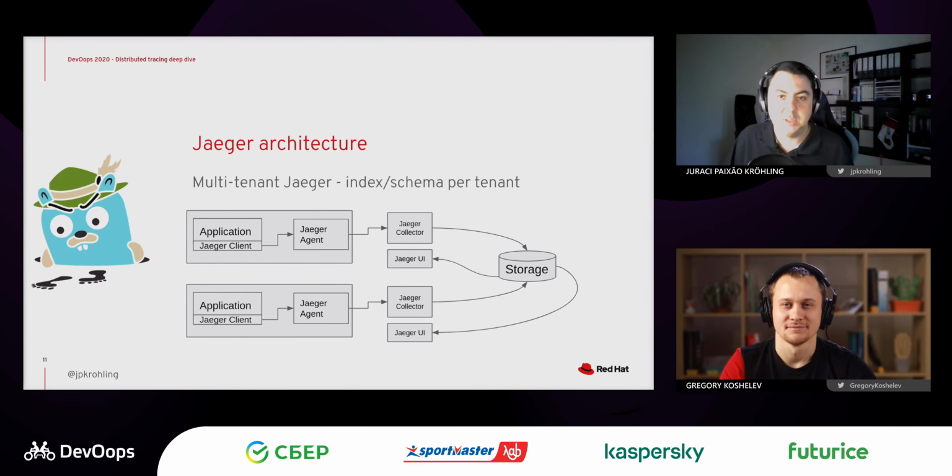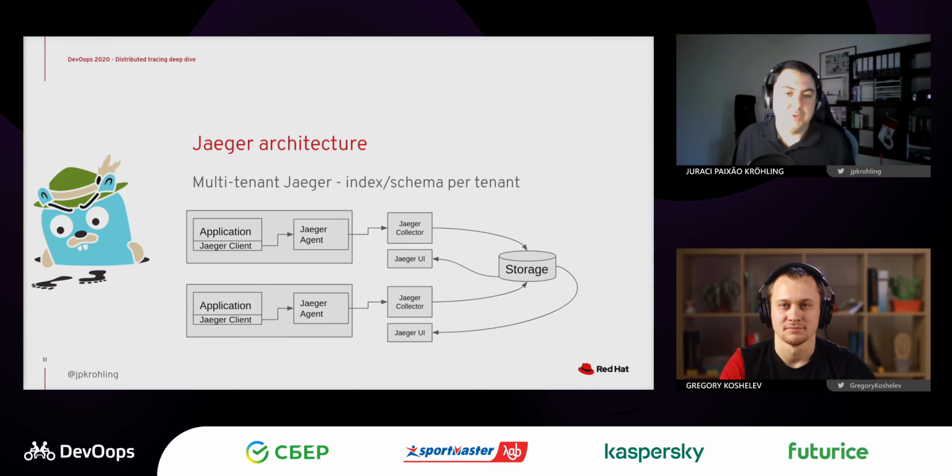So one variant of that architecture is this one here. In this case, we share the storage, the Elasticsearch cluster or Cassandra cluster, and we only split the tenants per index. So perhaps tenant 1 uses a specific index for Elasticsearch, and tenant 2 uses another index prefix.